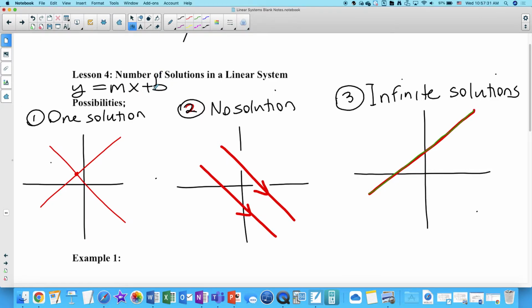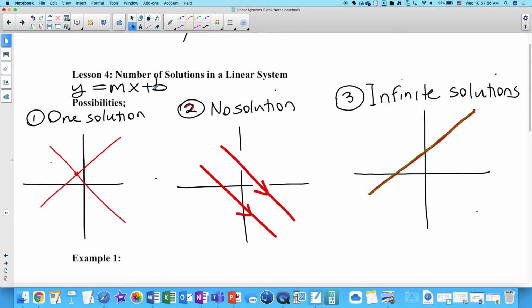All linear functions, I should say, right? If it's a vertical line, then it won't look like that. But if we're just considering functions, they will take that format, y equals mx plus b. Which means that there are only two parameters that make one line different from another. And that's the value of m, the slope, and the value of b, which is the y-intercept.